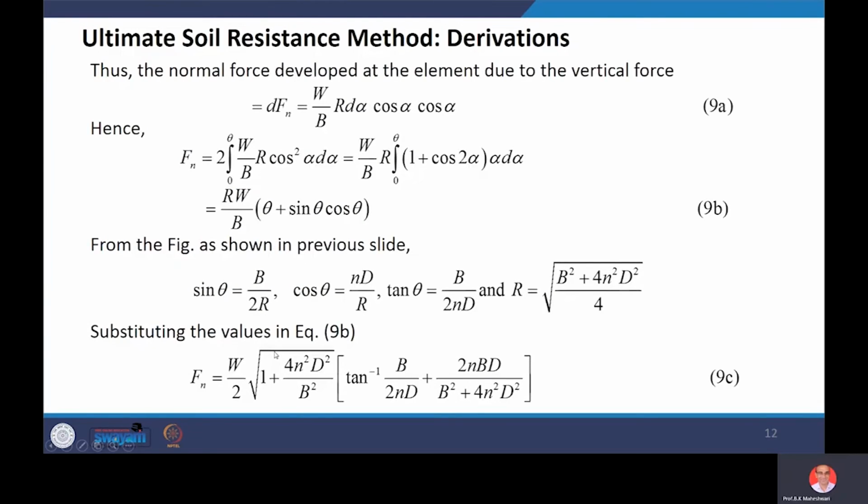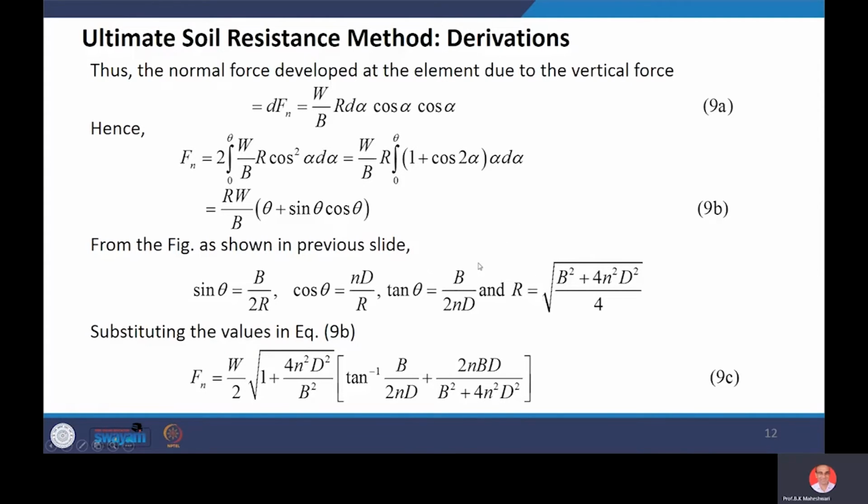Okay, and the ultimate soil resistance method. So what you have in the ultimate soil resistance method is the normal force developed at the element due to the vertical force, given by this relation: dFn equals W by B R d alpha cos alpha cos alpha.